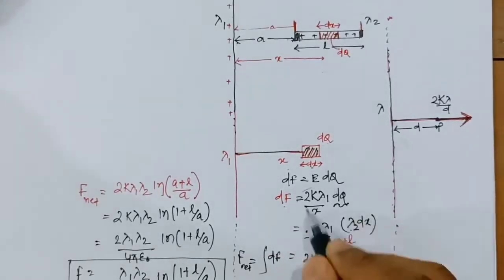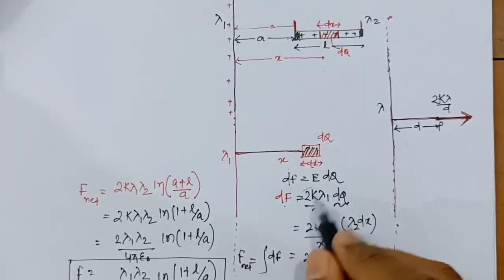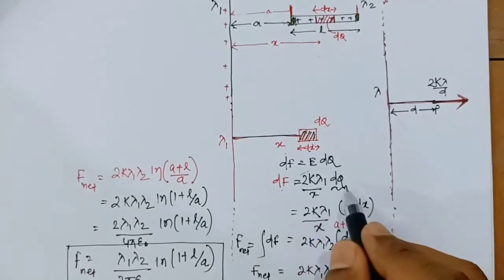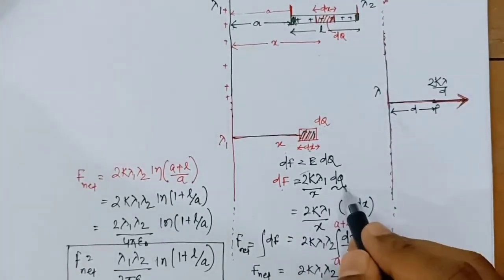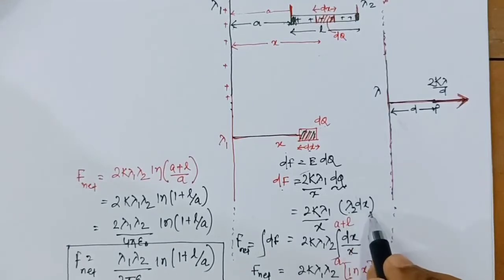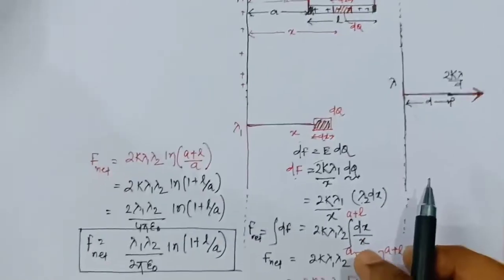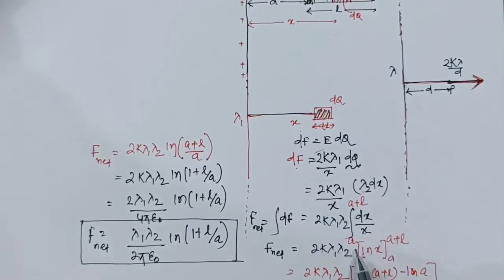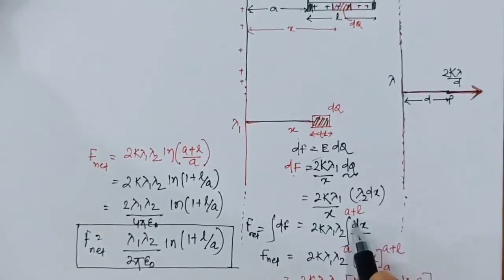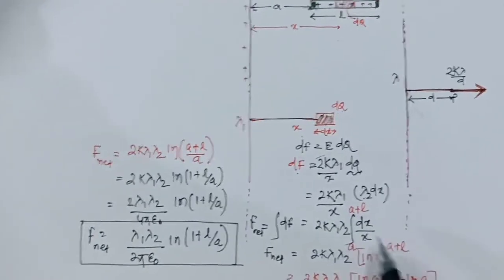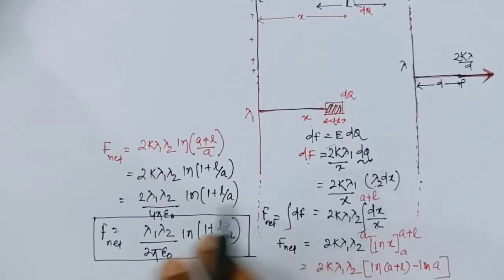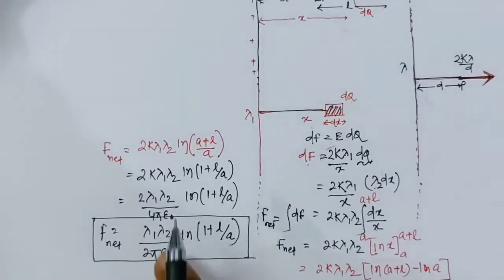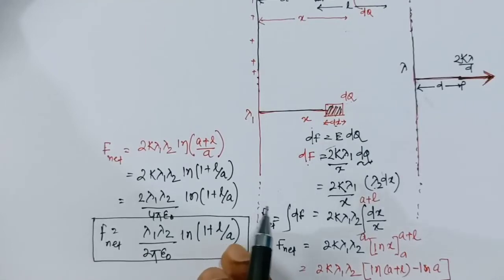So this is for an infinite rod having line charge density lambda 1. This is dq, my charge, and dq can be written as lambda 2 dx. And doing the integration, putting the lower limit as a and the higher limit as a plus L, and solving these basic integrations, I will get the net force expression: lambda 1 lambda 2 by pi epsilon naught, ln(1 plus L by A).